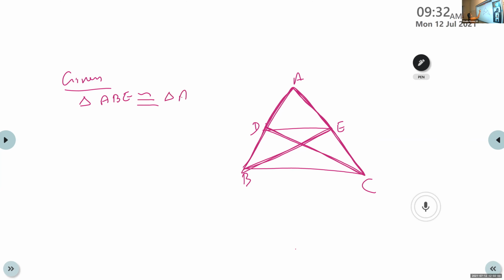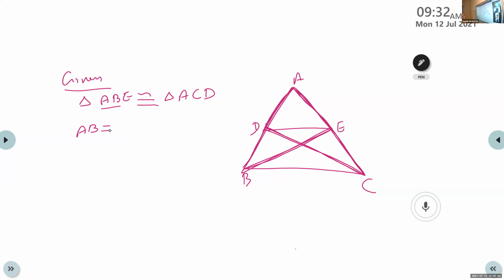If they are congruent, all their angles are equal and corresponding sides are also equal. So we can write AB will be equal to what then?